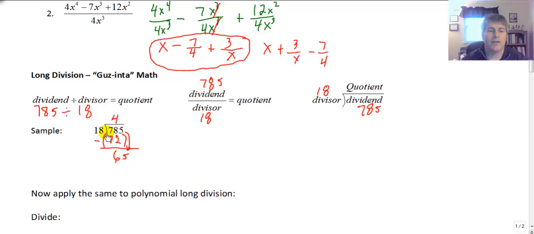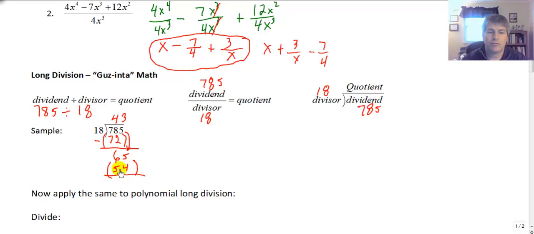And we ask ourselves again, how many times does 18 go into 65? Well, 18 goes into 65 3 times. So 18 times 3 multiply back is 54.